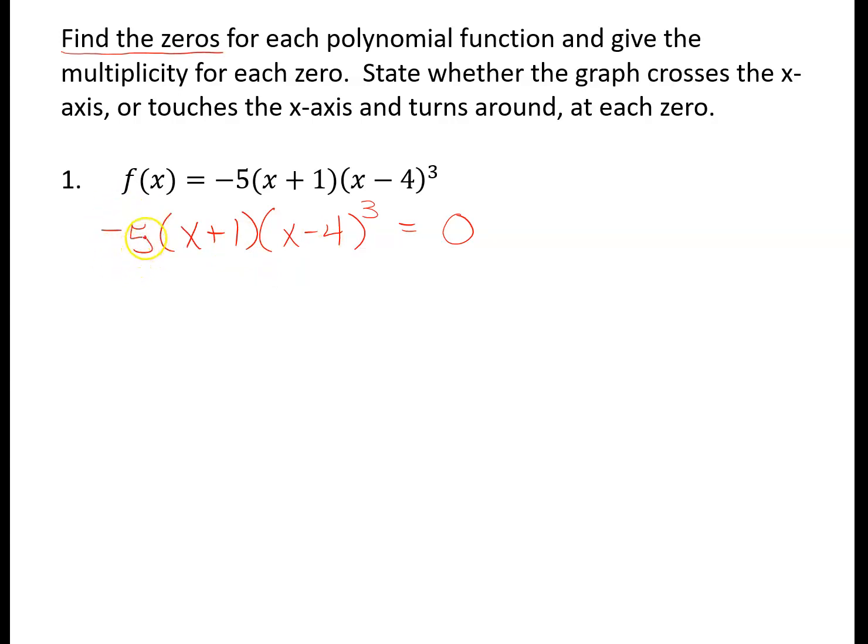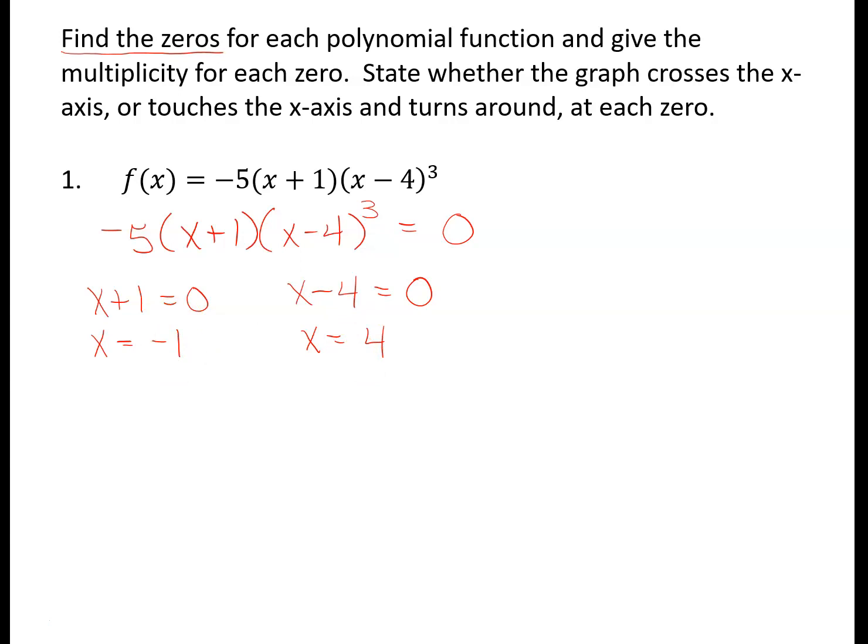If it doesn't have an x, I don't set it equal to 0. But I'm going to set the x plus 1 equal to 0 and the x minus 4 equal to 0. Each different factor. And I'm going to solve those, and I get x equals -1 and x equals 4. Those are my zeros of this function. If I were graphing, those would be my x-intercepts, -1 and 4.